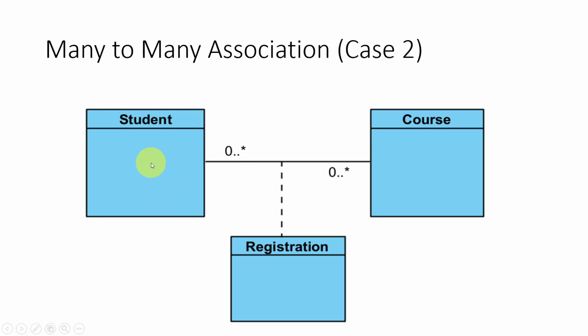In this case, if you are interested in additional things like maybe the date of registration, the amount paid for that particular course by a student, then we have to introduce the associative class as well. And we will be discussing how to convert this model into code in the next session.